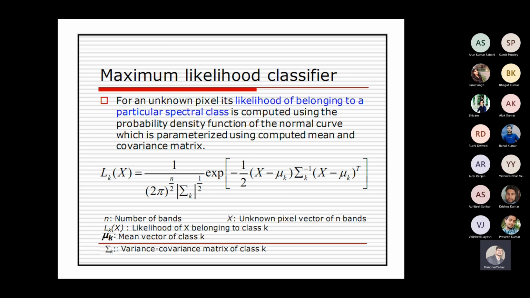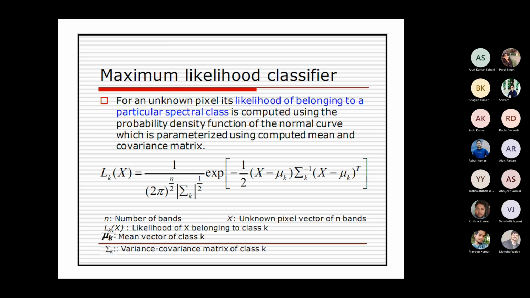It is equal to 1 divided by 2 pi to the power n by 2, then modulus of the variance covariance matrix to the power 1 by 2, into exponential minus 1 by 2, x minus mu k, into the variance covariance matrix inverse, x minus mu k. This is the Mahalanobis distance we are considering over here.